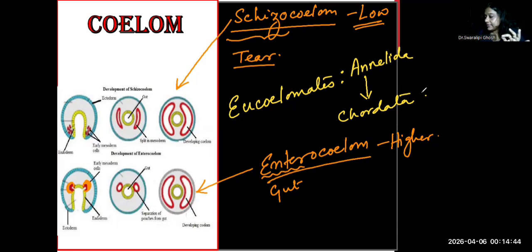All these six phyla are the eucoelomates.